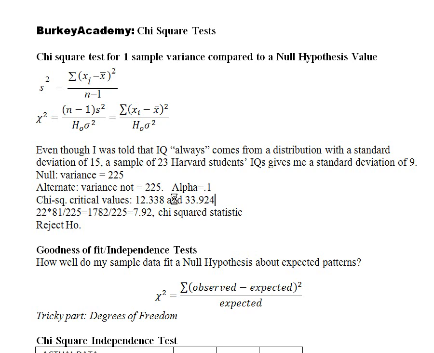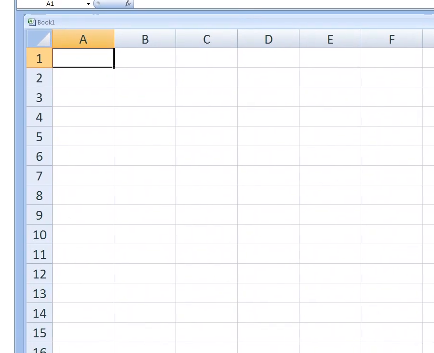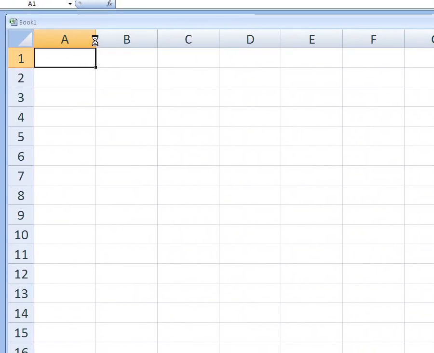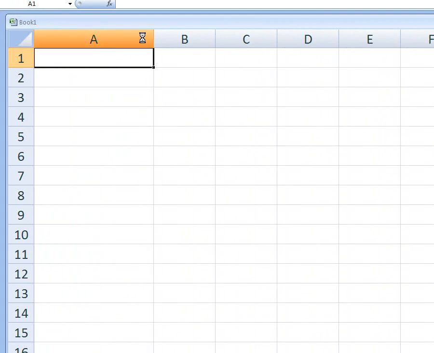Now, why that's important is when you go and look up p-values, you need to have a picture of this distribution in your mind with, say, 22 in the middle, 33 on the right, 12 on the left, and this number 7.92 is going to be very far on the left side, with most of the probability above it and a small amount below it. So let's take that 7.92 over to Excel to calculate the p-value.